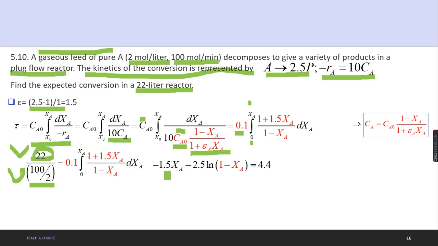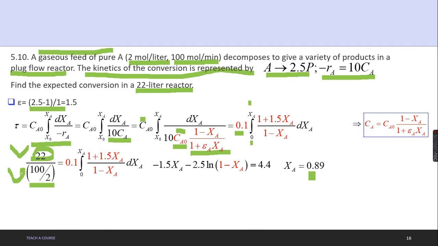So this integration we are doing: minus 1.5 XA minus 2.5 ln 1 minus XA equal to 4.4. Now in this case the solution is not so straightforward. We can do it in a mathematical solver, but for pen and paper solving we need some simplification, because ln 1 minus XA and XA are not really solvable using your calculator.